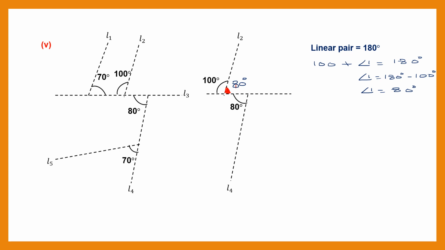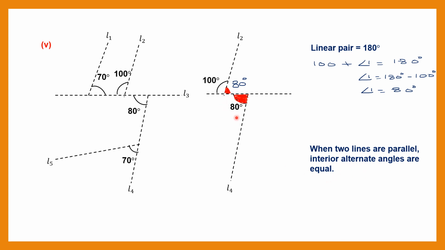Now look carefully and see what property you can apply. Can we use this angle and this angle, these two angles? Now it's clear, isn't it? These two angles here. Now what angles are these? They have now become interior alternate angles. So what is the property of interior alternate angles for parallel lines? When two lines are parallel, interior alternate angles are equal.